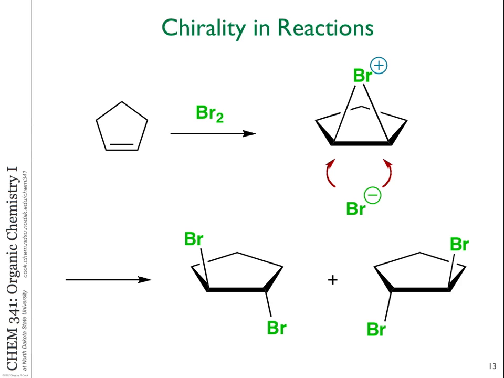And in this case, this reaction which we talked about, adding bromine, Br2, to a double bond, in the case of cyclopentene, right? We know that gives selectively a trans compound. That's what we would refer to as a diastereoselective reaction.